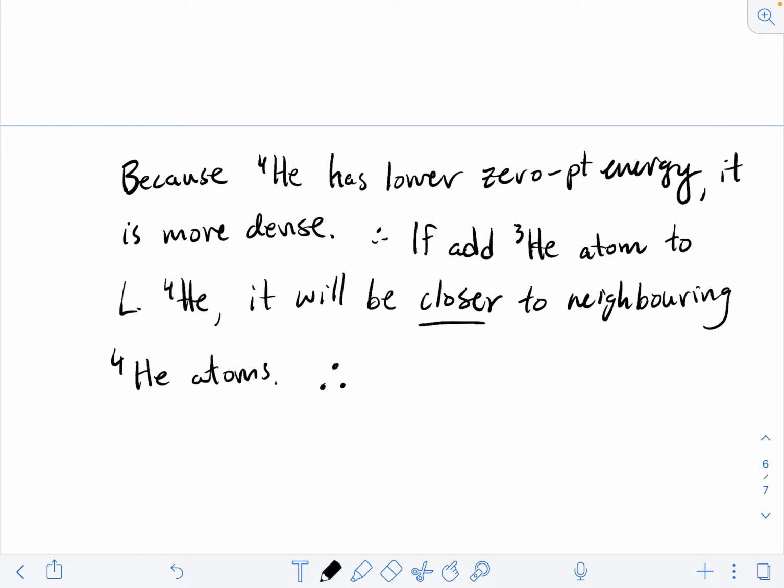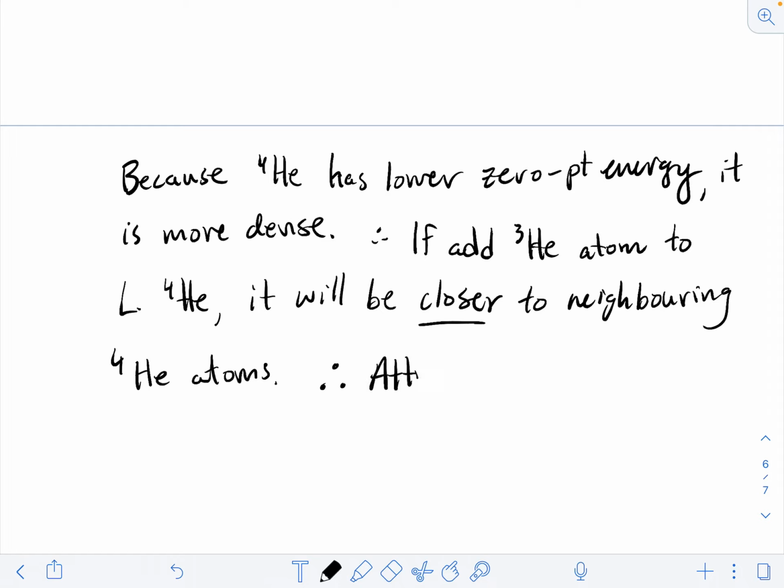Helium atoms interact with one another. There's an attraction due to the van der Waals force, and that van der Waals force gets stronger if the distance between neighboring atoms is small. So we expect the van der Waals attraction between the helium-3 that we added to the liquid helium-4 to be relatively strong because it's close to its neighbors.